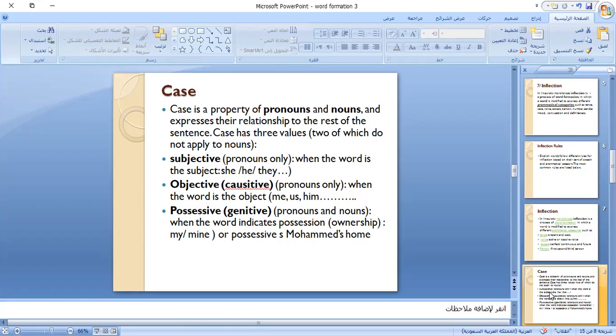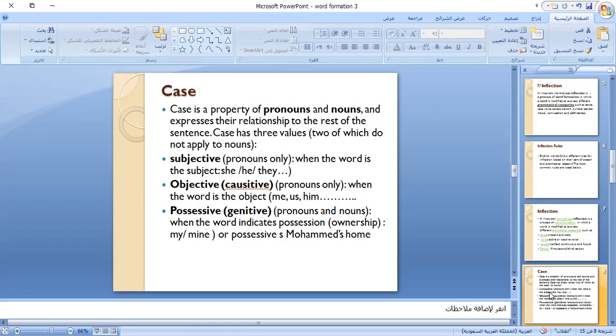Okay, give him the food. So which is an objective form. Him is an objective form of the subject he. But this only applies to pronouns, not to nouns. When a noun is an object, it does not have a different form.